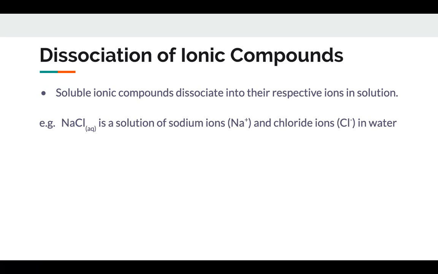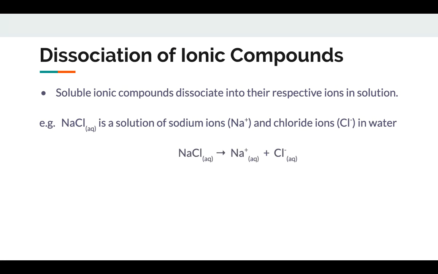For example, when you have sodium chloride in its aqueous form, there isn't actually any sodium chloride as a compound in that solution. The sodium chloride has broken down, or dissociated, into sodium ions and chloride ions, which are floating in the water.